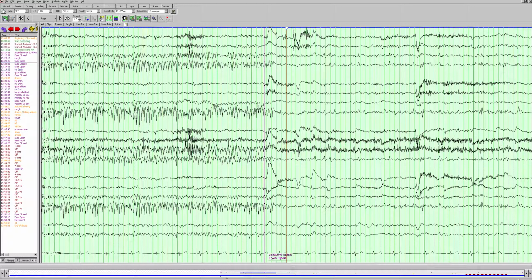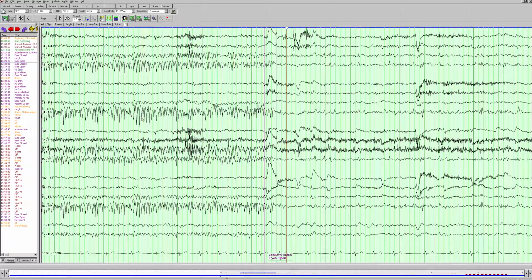Now looking at this, we see that the amplitude on the right side does look a little bit higher than the amplitude on the left side, and that is normal in most people. The amplitudes are higher over the non-dominant side. We don't say that the amplitudes are clinically asymmetric, that there's clinical significance, unless there's a greater than 50% difference.